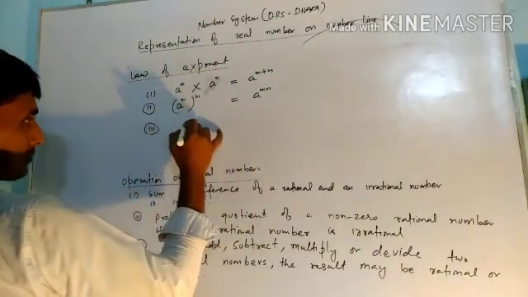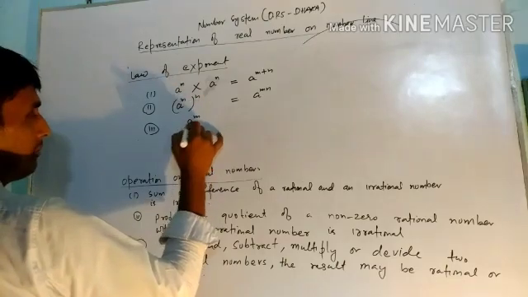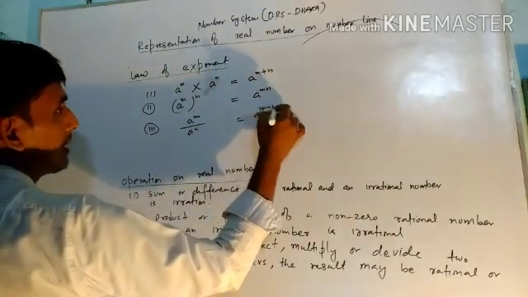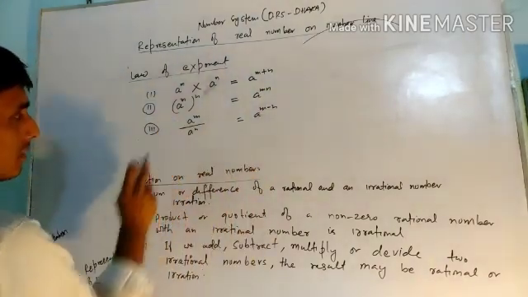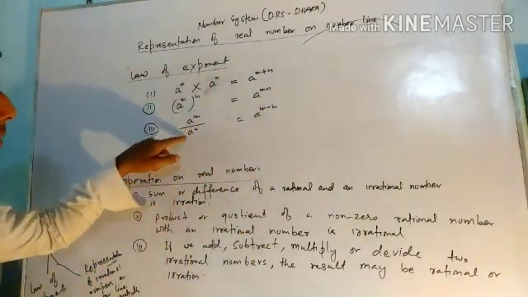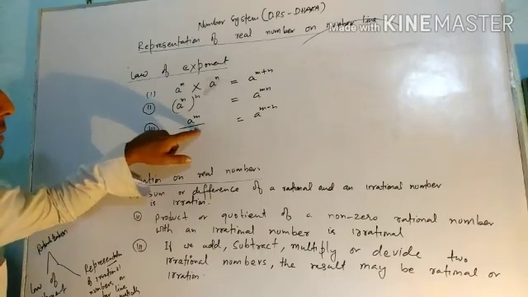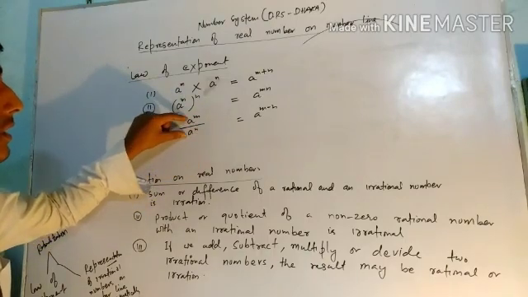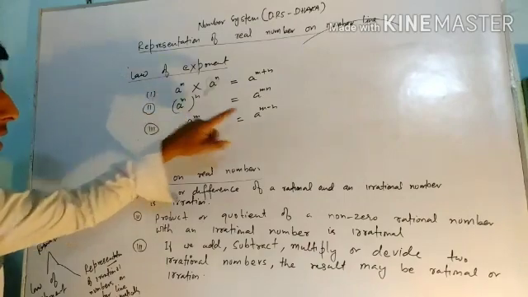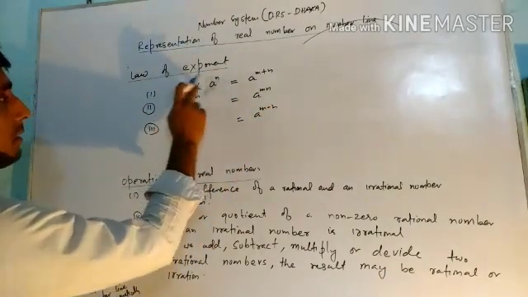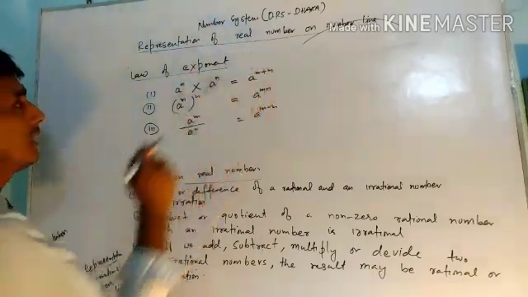Third rule is, if you have a to the power m upon a to the power n, you will get a to the power m minus n. The exponents are different, but the base a is the same in both cases. In that case, the exponent will subtract if the numbers are in division. And if the numbers are in multiplication, the exponent will add.